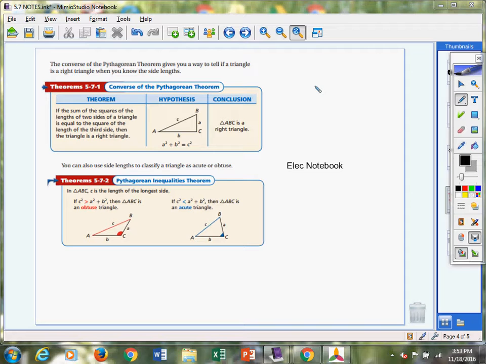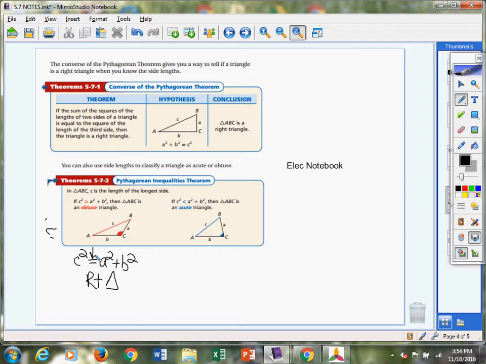Now, down here, we've got the Pythagorean Inequalities theorem. And this is really cool. If the Pythagorean theorem works out to be c squared exactly equals a squared plus b squared, then we know that's a right triangle. That's the kicker right there.